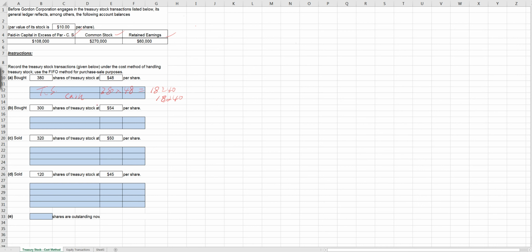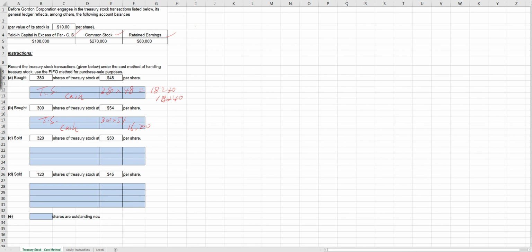Then transaction B, 300 shares again. So we're going to repeat the same journal entry. Now we're going to debit treasury stock, 300 shares multiplied by $54, and credit cash $16,020.